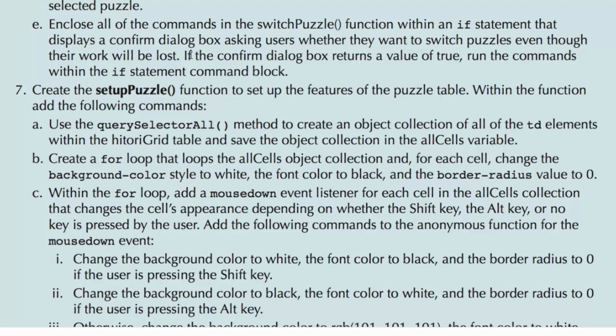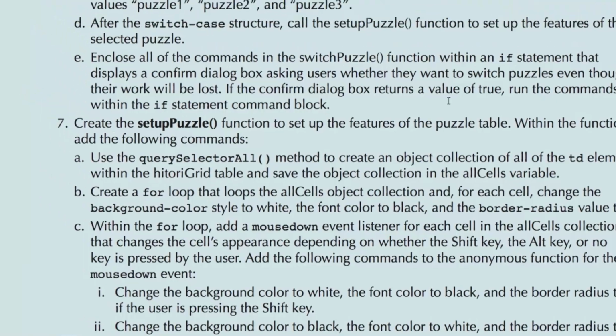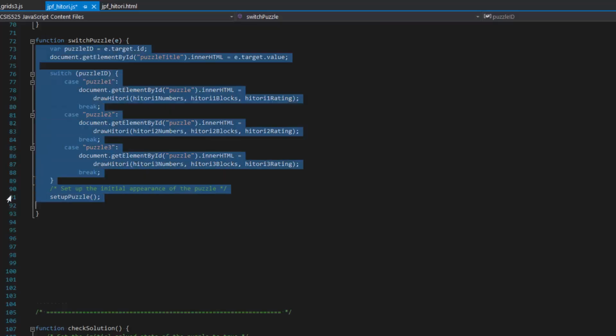So we'll have an alert box pop up, saying, are you sure you want to do that? If the confirm dialog box returns a value of true, then we'll go ahead and run the commands within the if statement. If they click cancel, then it'll be false and their puzzle will not be replaced by a new puzzle.